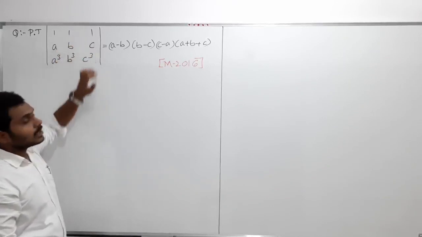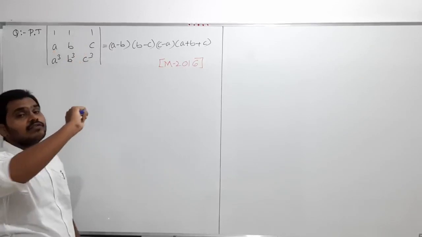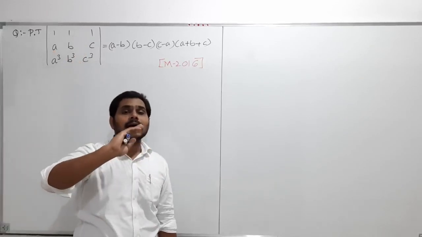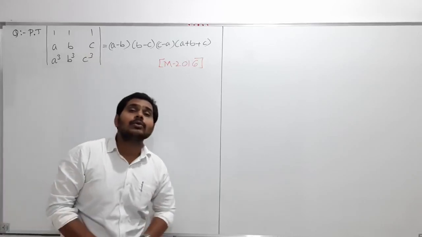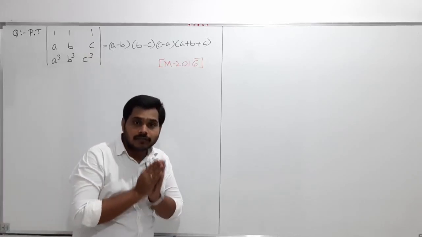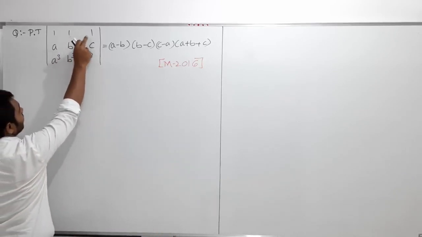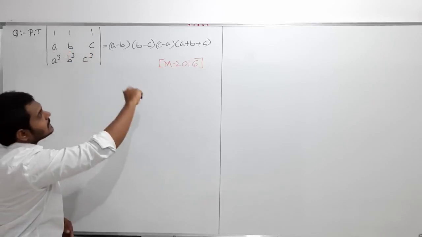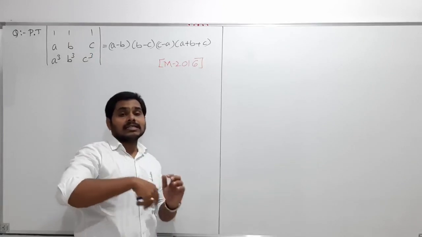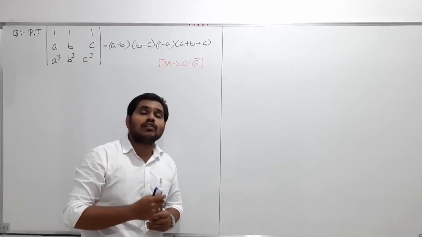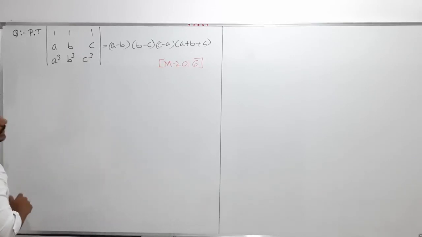If any two elements of a row or column are 0, then if you expand through that row or column, you can easily calculate the determinant value. So whenever we have 1 1 1 in any row or column, make the maximum number of elements of that row 0. That is one trick I told you.